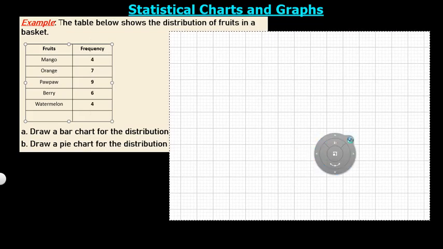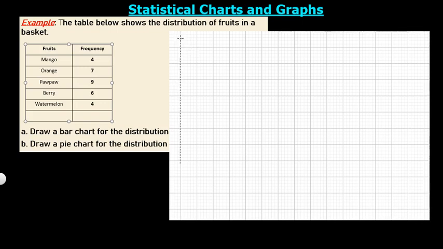So we rule this. We are plotting the frequency against the event, against fruit. Frequency against fruit.